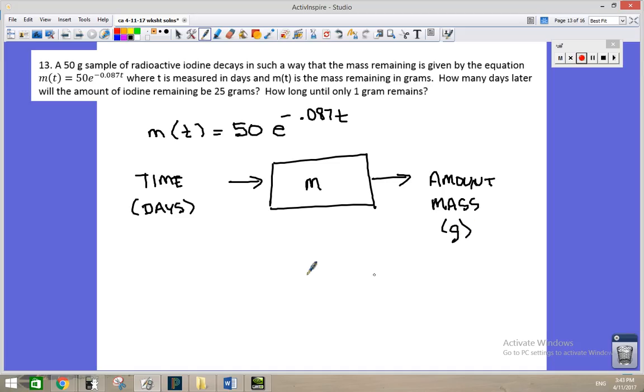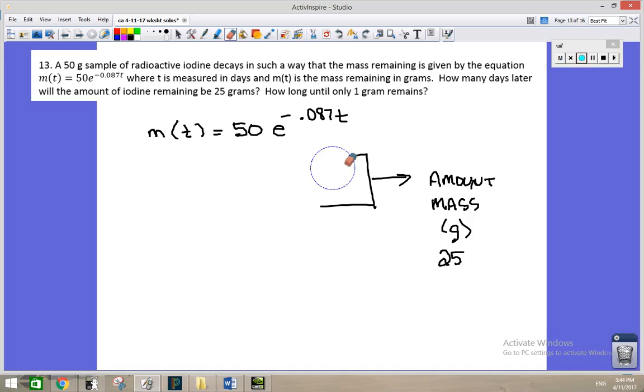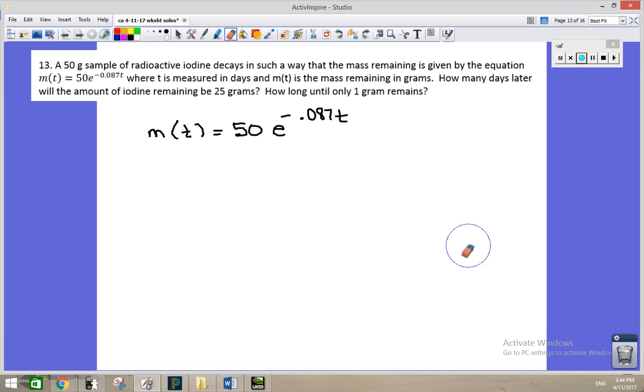So we want to know how many days it will take for the amount of mass that's remaining to be 25. All right, that's the idea. With the equation, we don't know the input. We know that the output is 25.